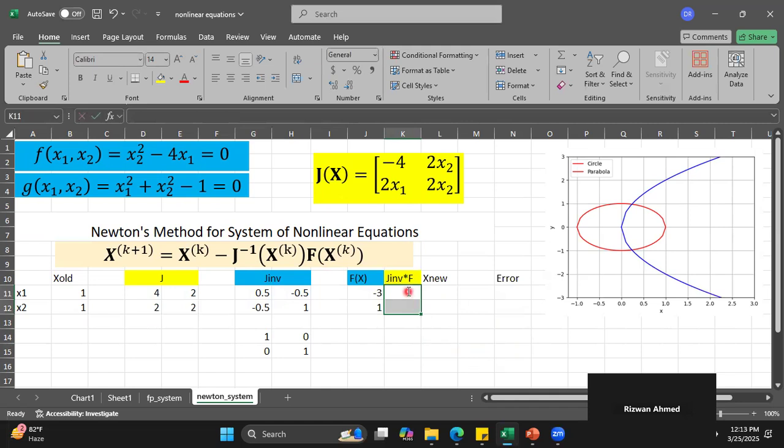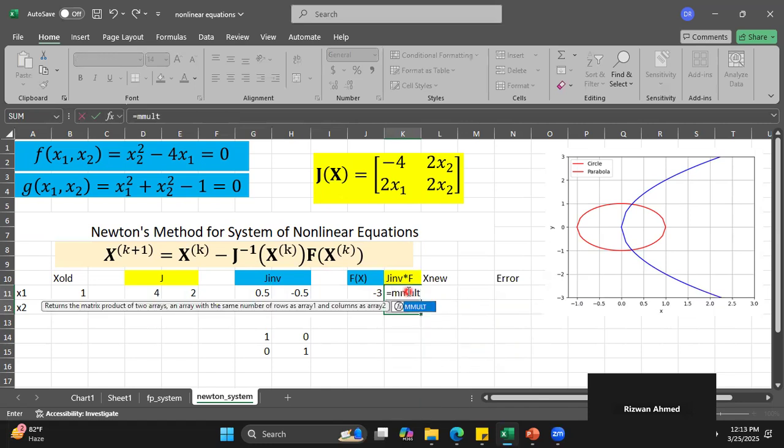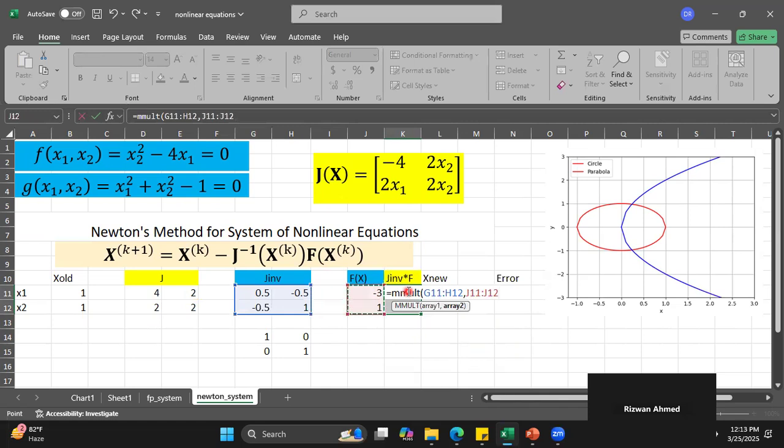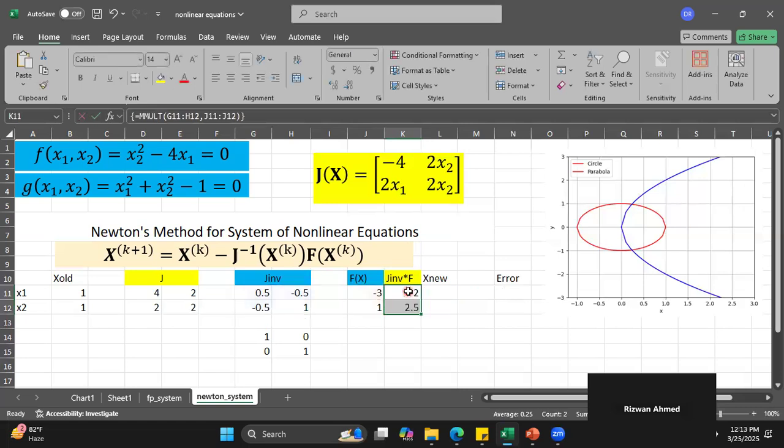Let's do it again, because I think I have violated the procedure. Matrix multiplication, the selection of the first array, J inverse, times the second array, which is a vector, and then Control Shift and Enter.